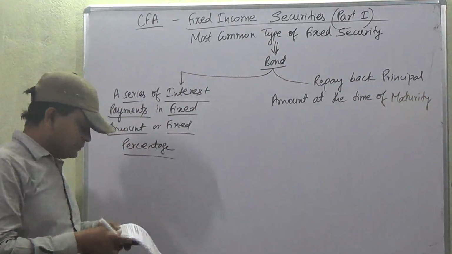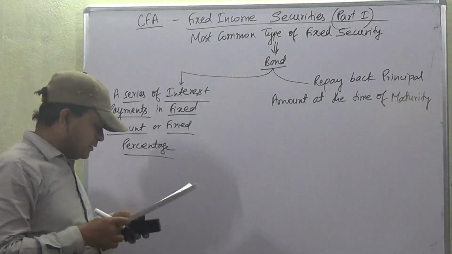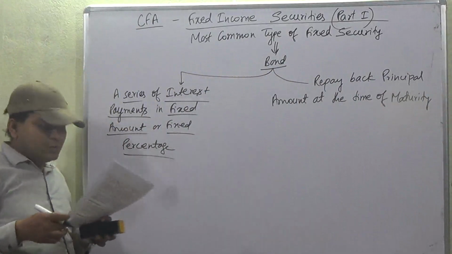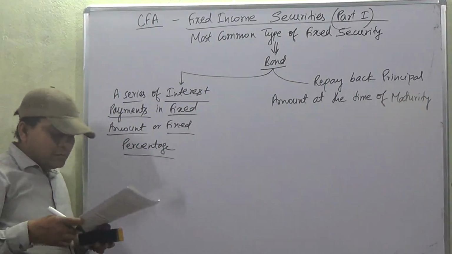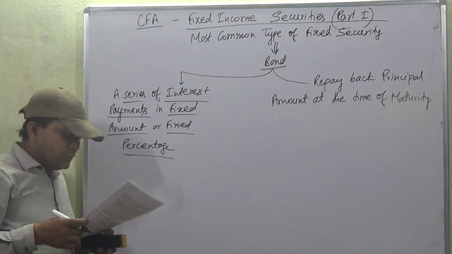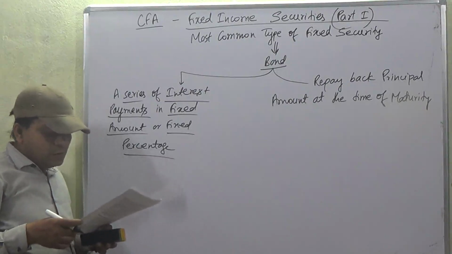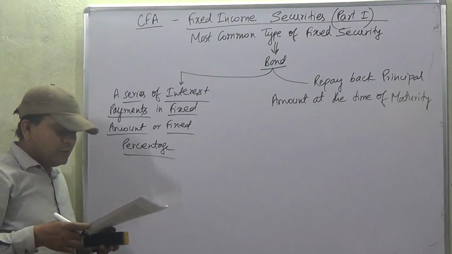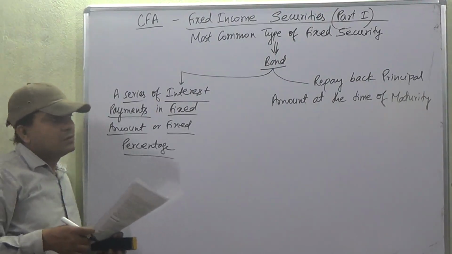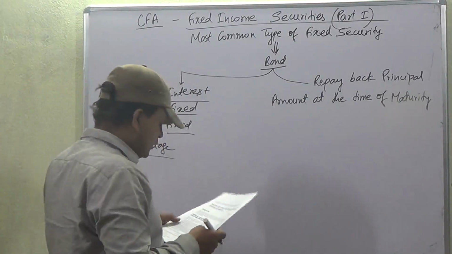Now, the market interest rate is known as the yield on bonds. When it increases, the value of bonds decreases, because the present value of the bond's promised cash flow decreases as a higher discount rate is used. Got the point? So please write down this point.